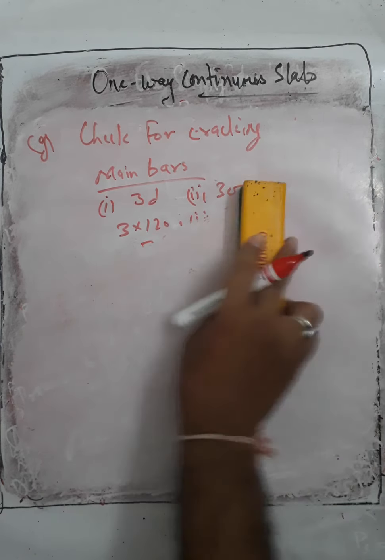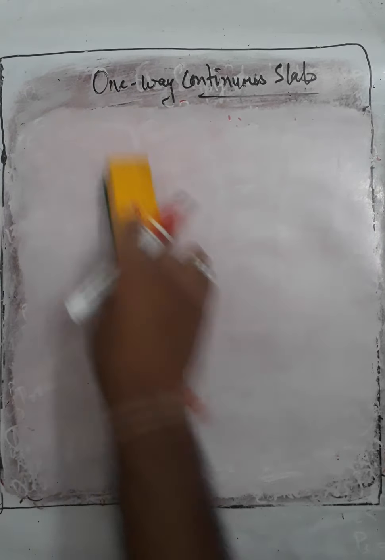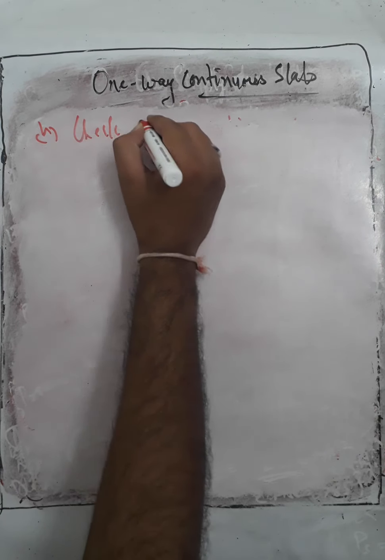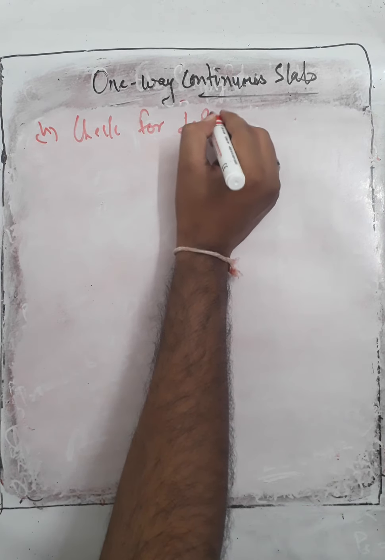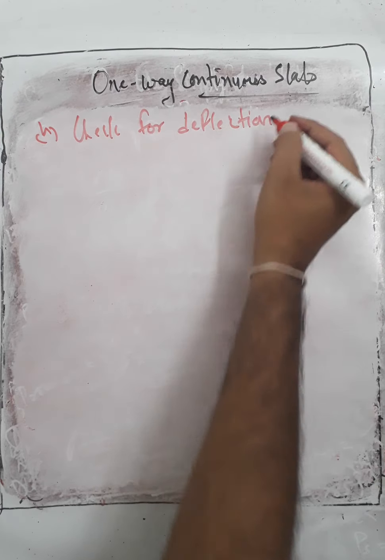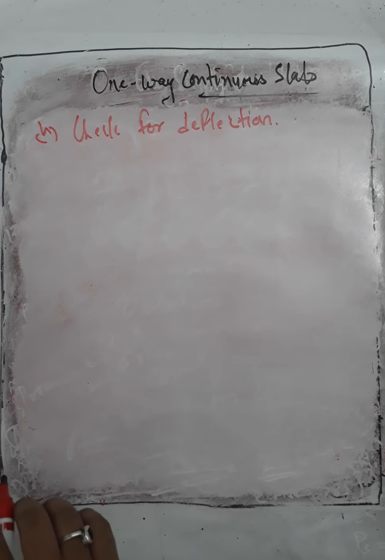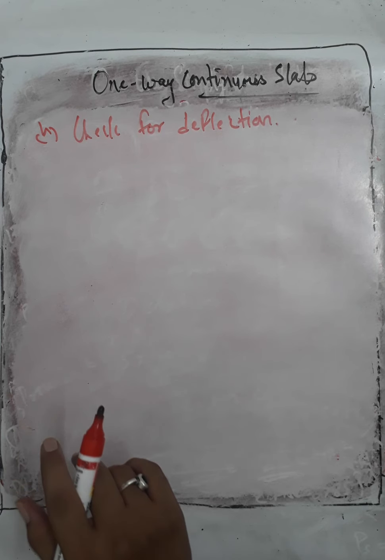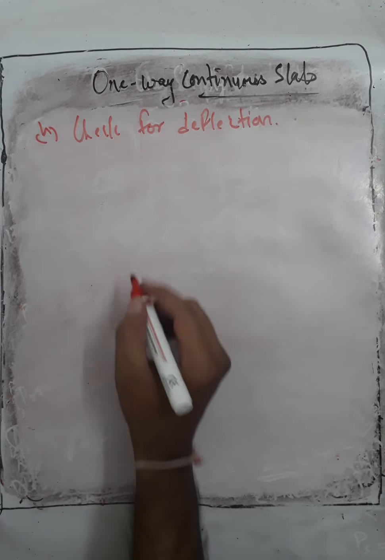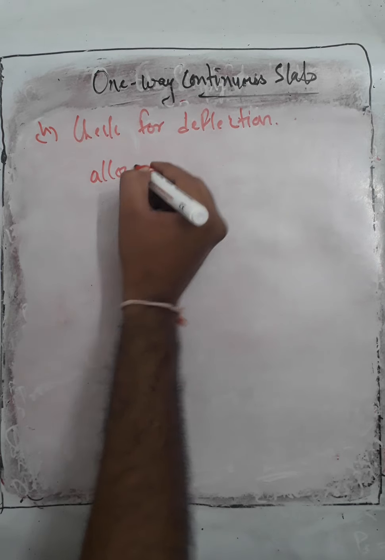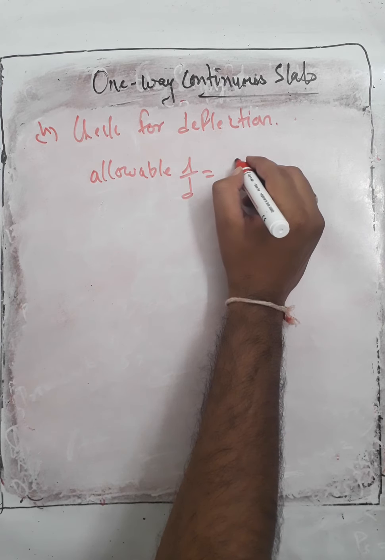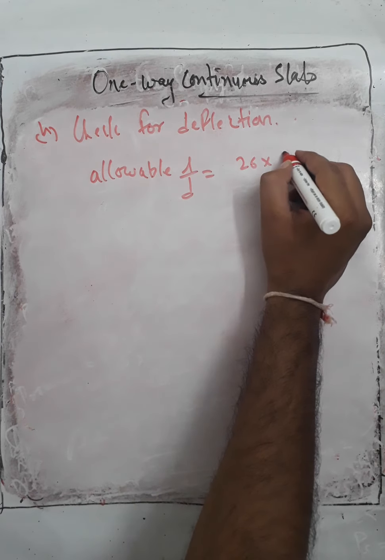Now we have to check for deflection. For deflection you have to check that the allowable L by D ratio is greater than the actual L by D ratio. So the allowable L by D is equal to 26 into the modification factor.